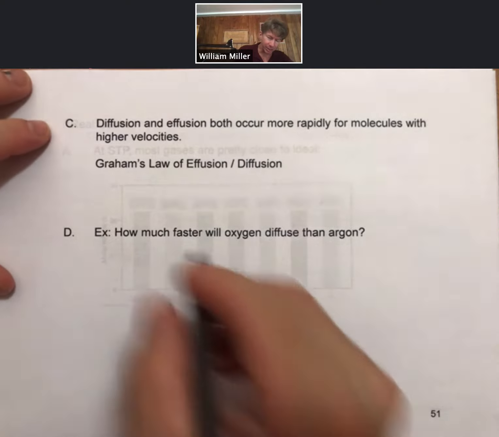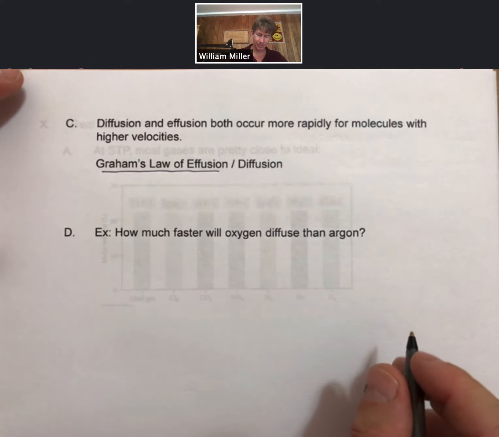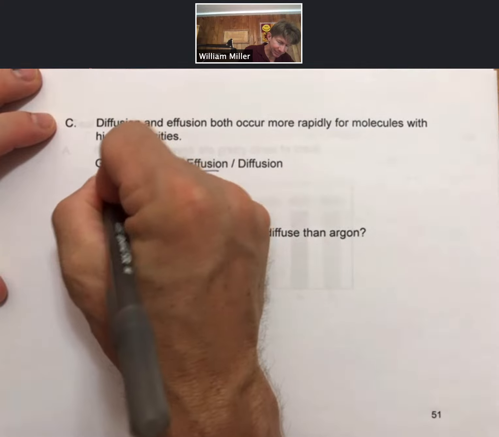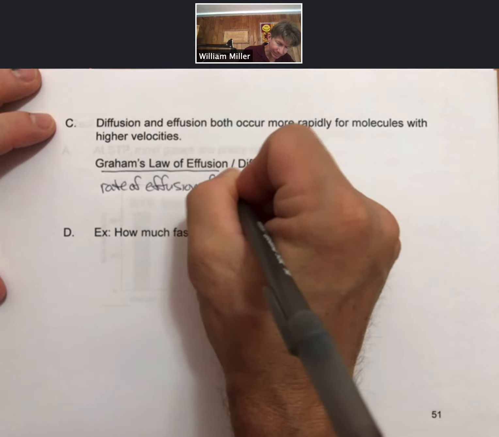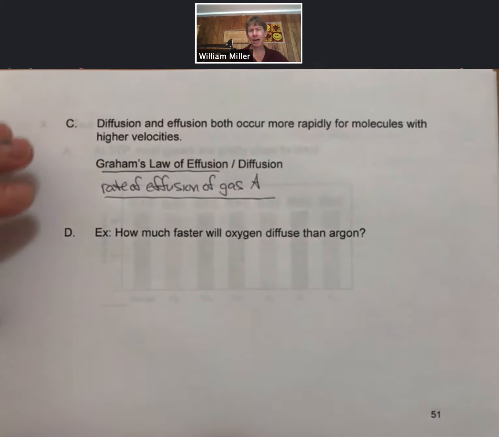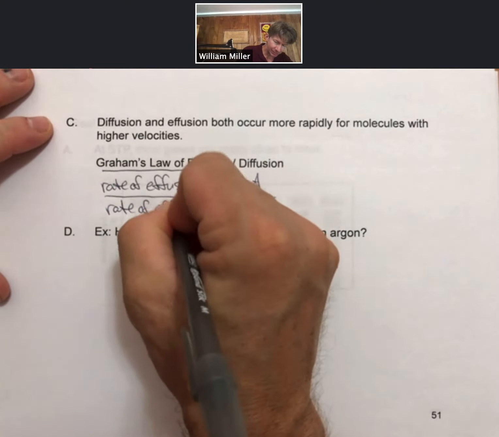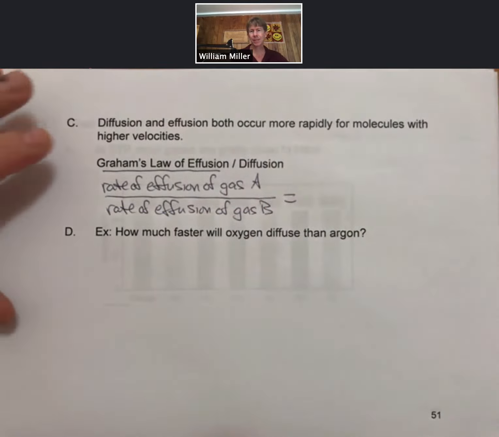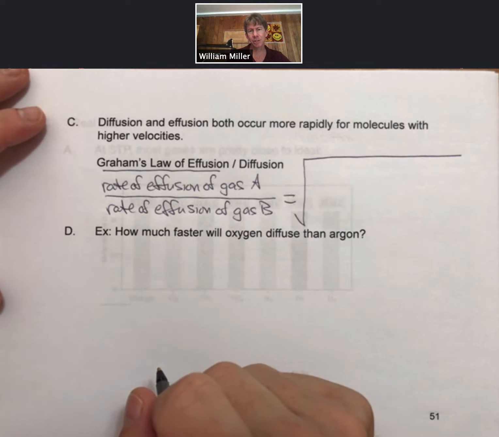The law is actually called Graham's law of effusion. It is also related to diffusion as well. Here is the law. It says the rate of effusion of gas A divided by the rate of effusion of gas B is equal to the square root of the inverse of their molar masses.